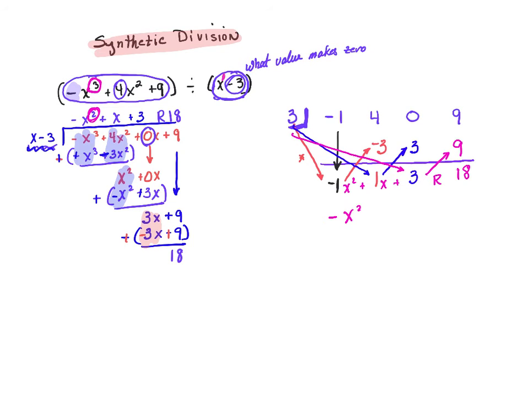Negative x squared plus x plus 3, remainder 18. The exact same answer we got when we did that long division problem. Negative x squared plus x plus 3, remainder 18.